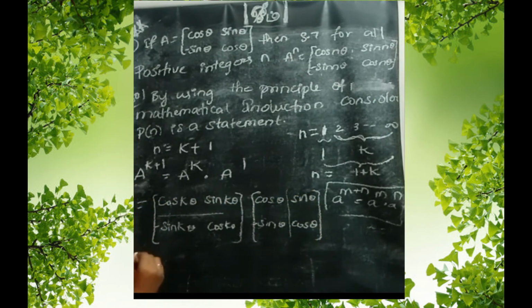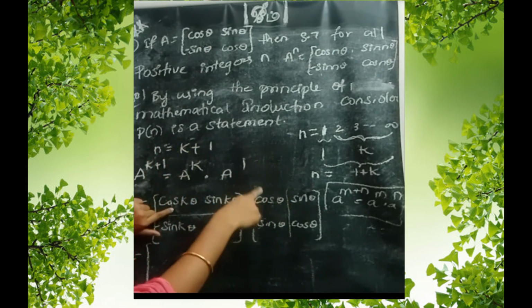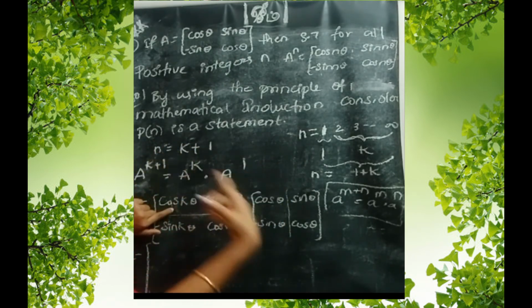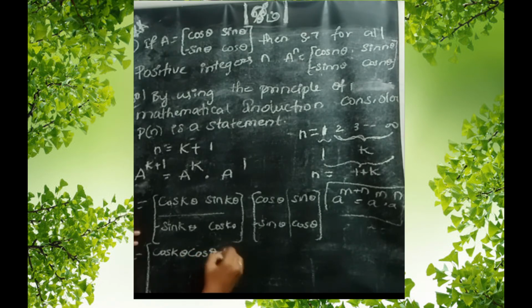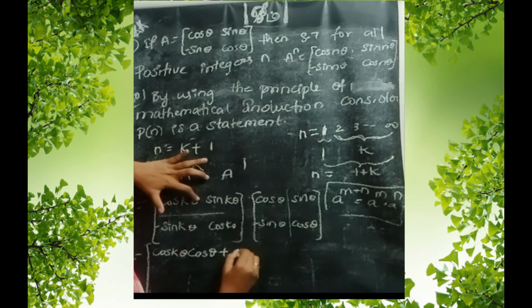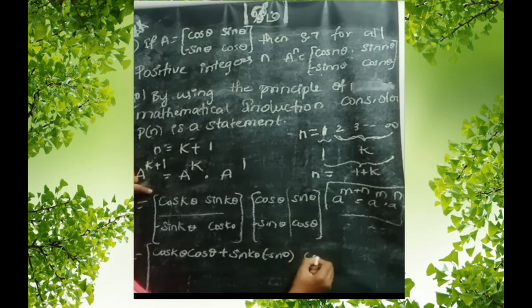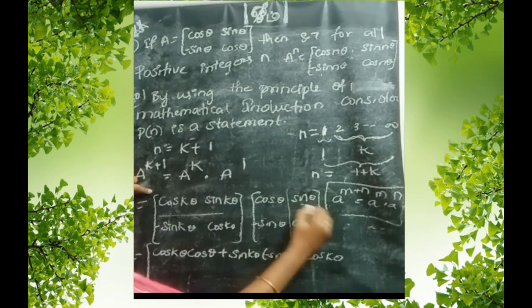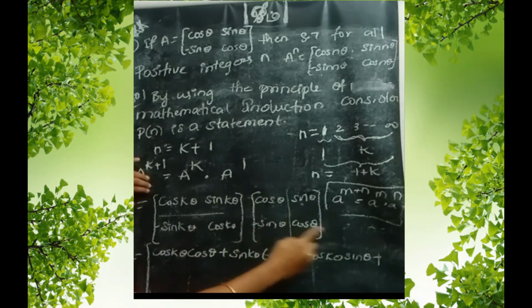Now, do the multiplication of the two matrices. The first element of the first row of the first matrix should be multiplied with the first element of the first column of the second matrix. Cos k theta into cos theta plus sin k theta into minus sin theta. Now again, cos k theta into sin theta plus sin k theta into cos theta.